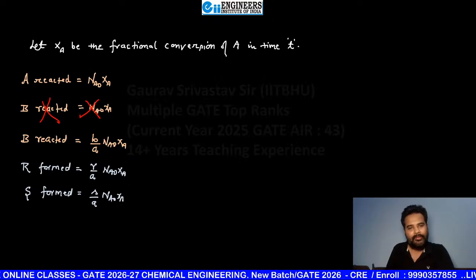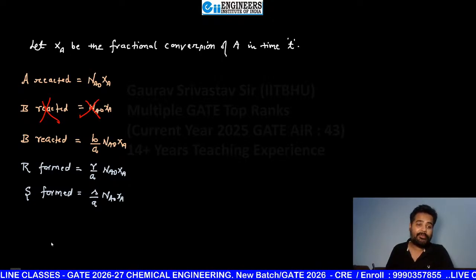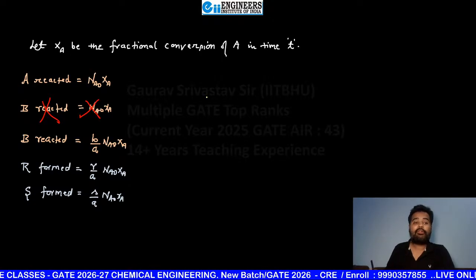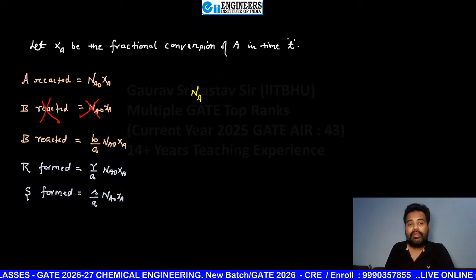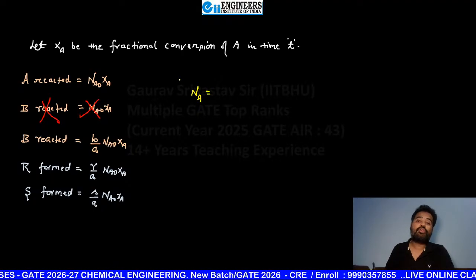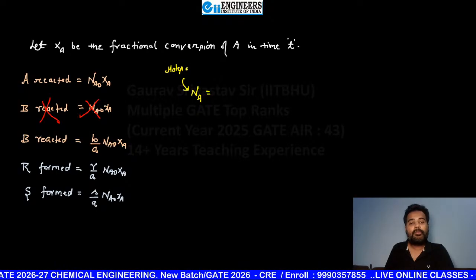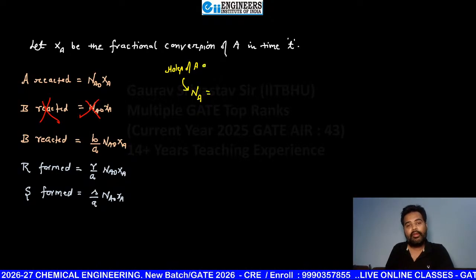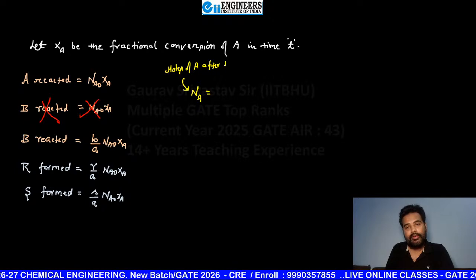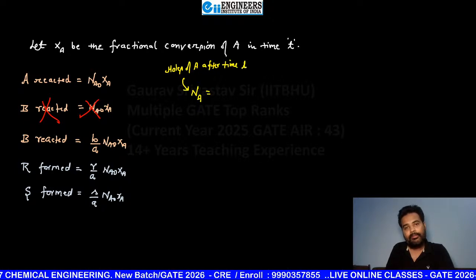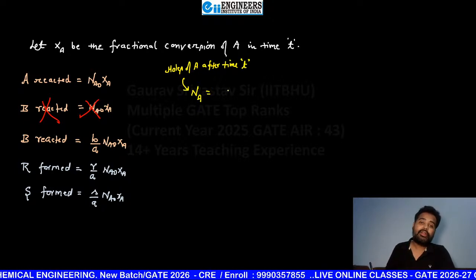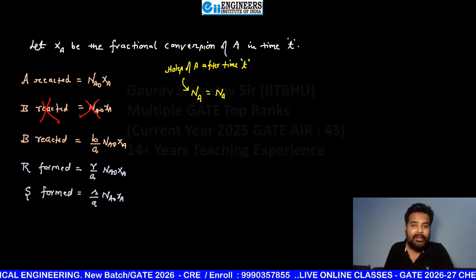That's it. Now if you want to write their respective number of moles, like what is the value of Na? So Na is moles, what is this? This is moles of A after time t. So initial moles was Na naught.